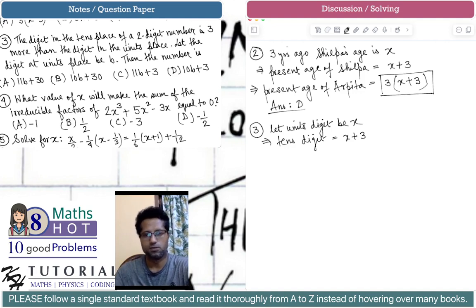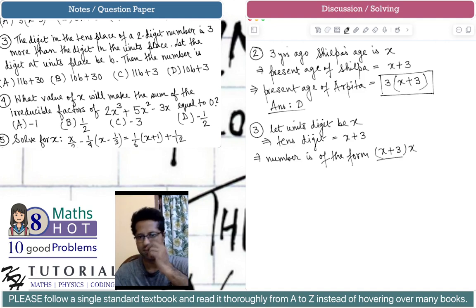So let the units digit be x. This implies the tens digit is equal to x plus 3, since the digit in the tens place is 3 more than the digit in the units place. So the two-digit number is of the form x plus 3 and x, where this is the digit at the tens place and this is the digit at the units place.